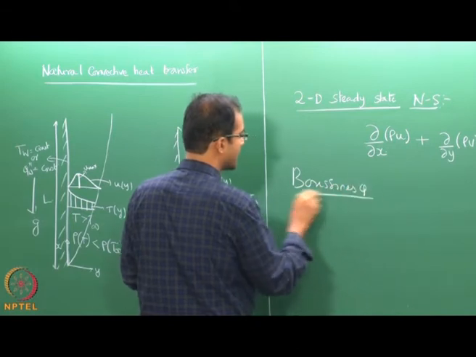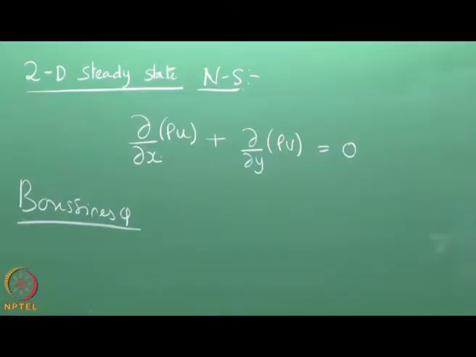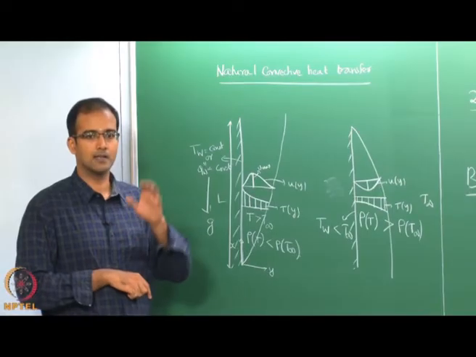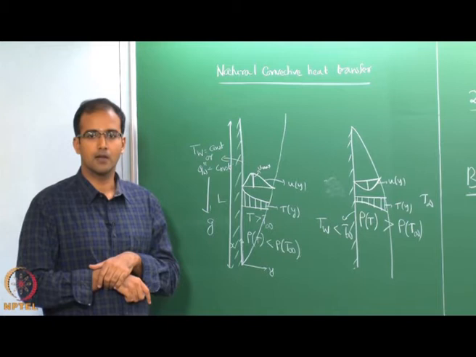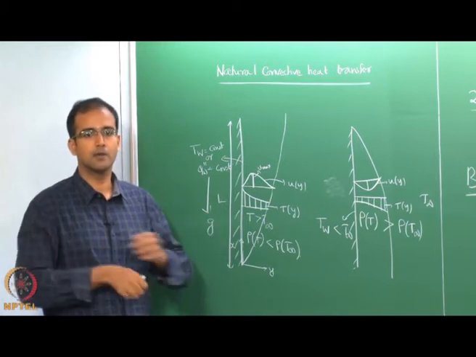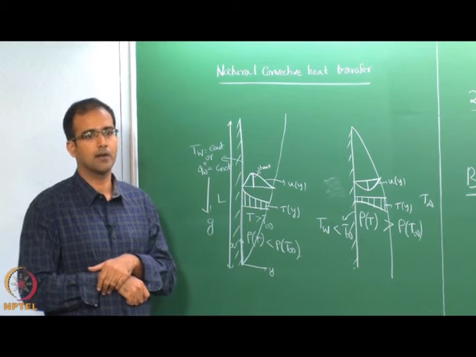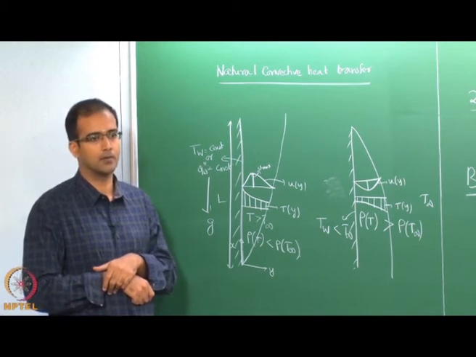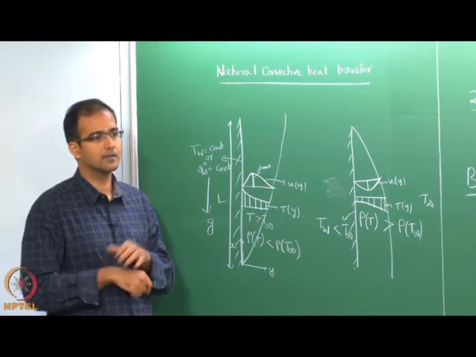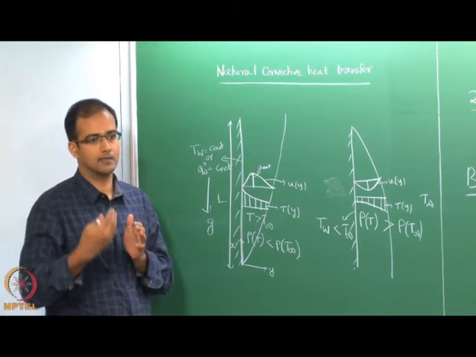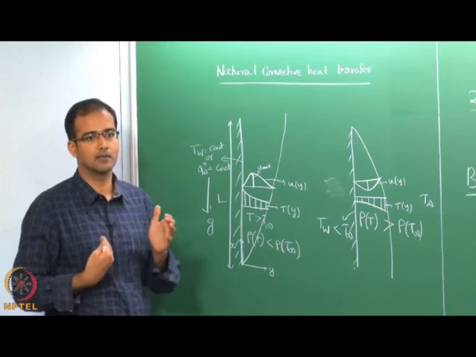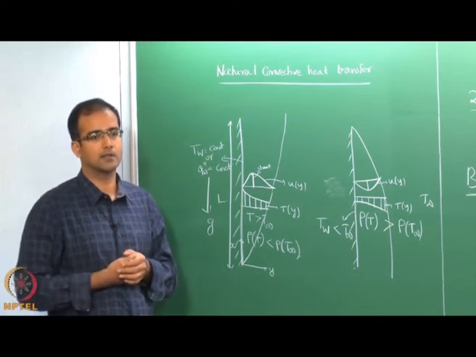So, Boussinesq made the approximation that it is fairly reasonable to treat density as a constant in the continuity equation and also for the most part of the momentum equation, except in the body force term of the momentum equation. So, the body force is where the driving potential, the density difference, emerges as a function of temperature difference.